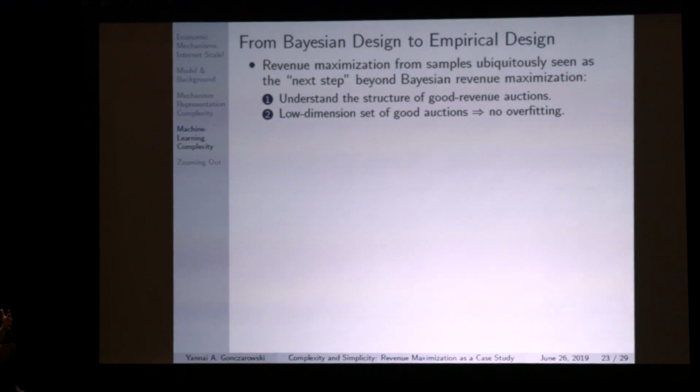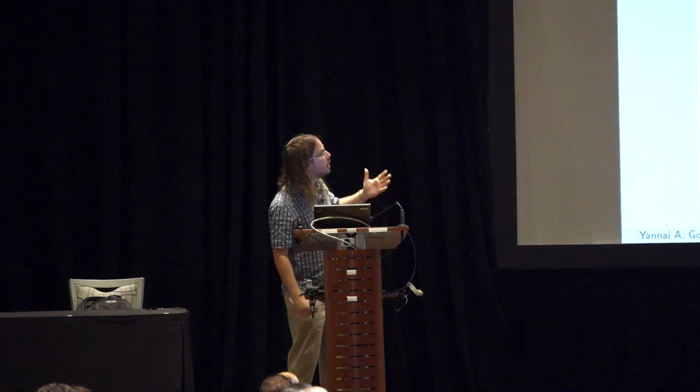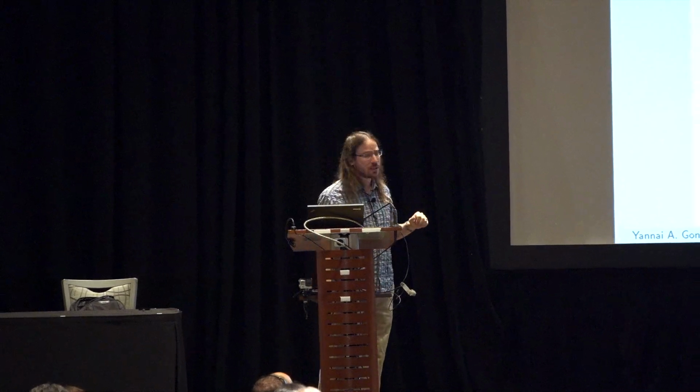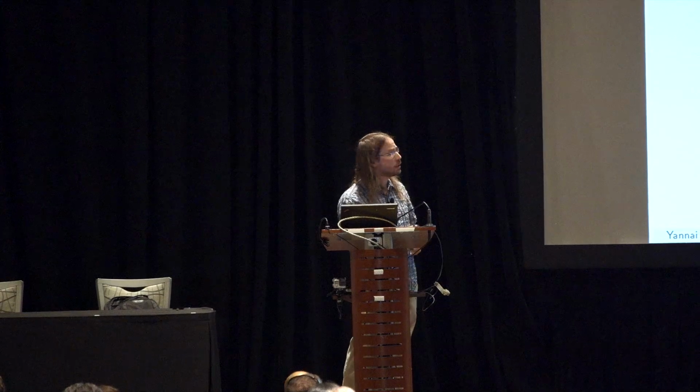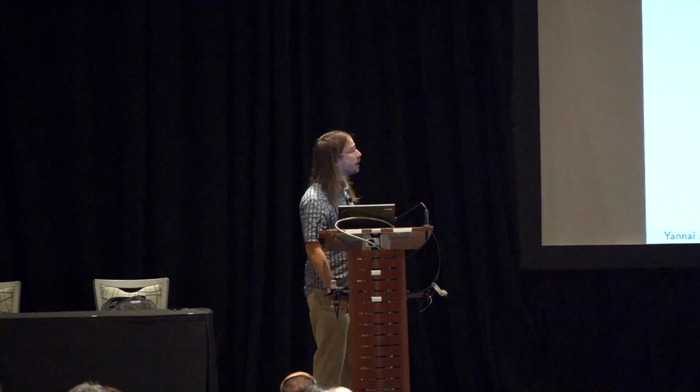So this kind of a two-step paradigm has emerged. First of all, understand the structure of good revenue auctions, do Bayesian revenue maximization. Second of all, use structural insights from these optimal auctions to find a low dimension set of good auctions. And we know from statistical learning that if we optimize over a low dimension set, for whatever your favorite definition of dimensionality is, we're not going to get any overfitting.